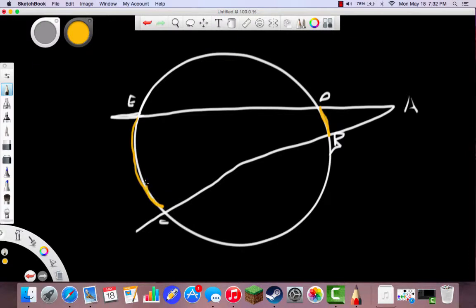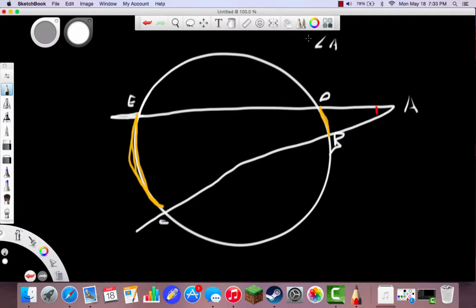This is kind of similar to the interior ones. The only difference is rather than adding them, you're subtracting them. So we have this exterior angle here, angle A.